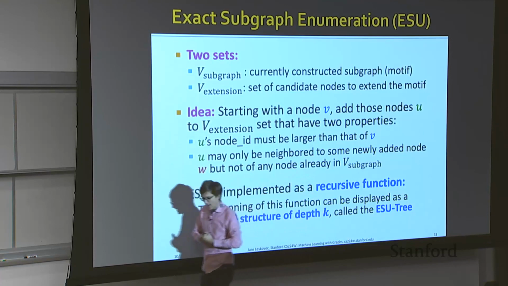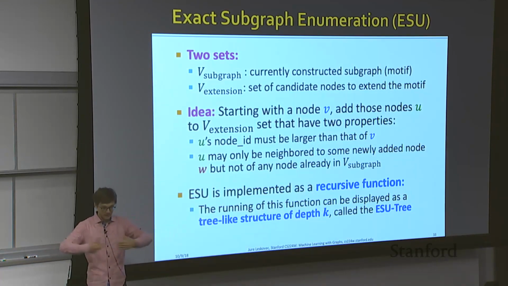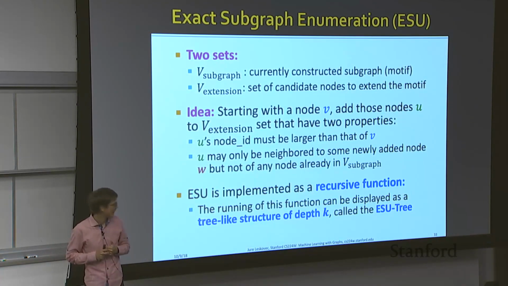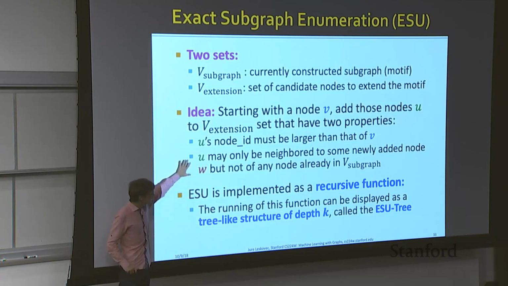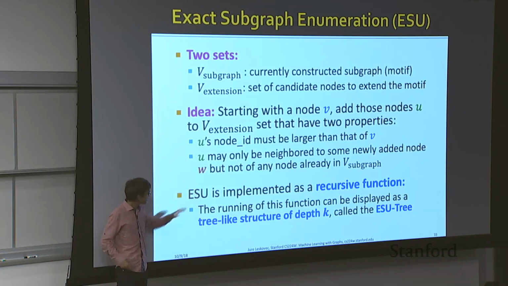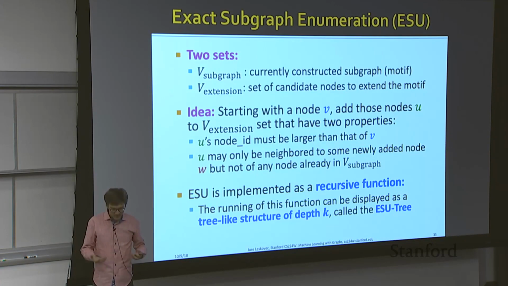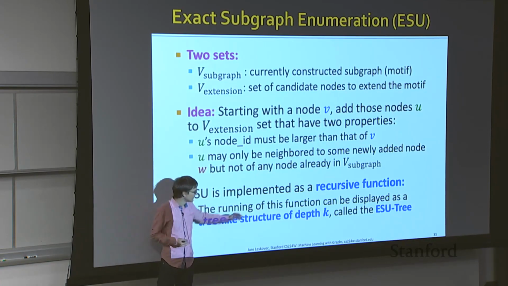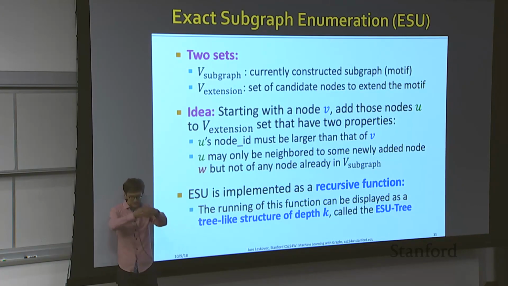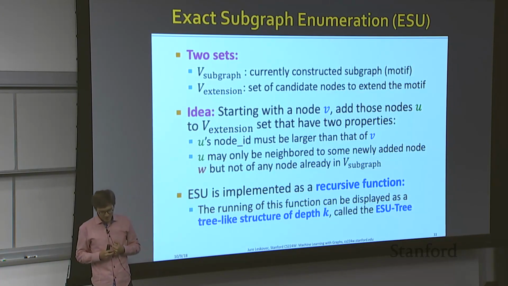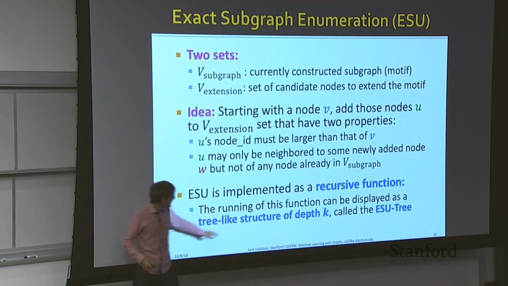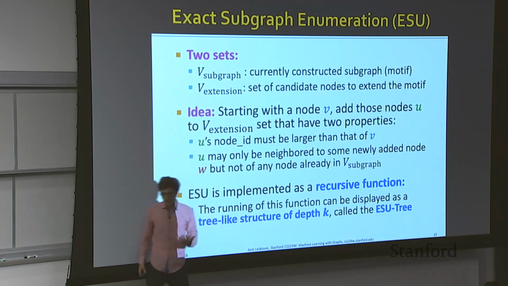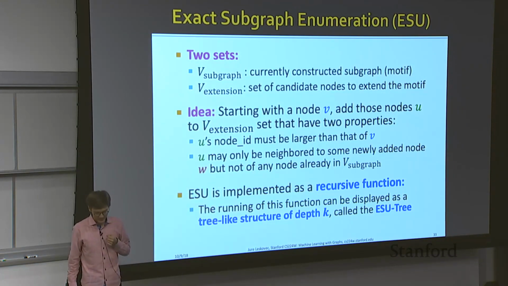So we only want to extend the subgraph we have built so far. Given these rules, the ESU algorithm can be implemented in a recursive fashion, where the running of the function can be displayed in a tree-like structure of depth k, and this tree-like structure will be called the ESU tree. I will show you an example.